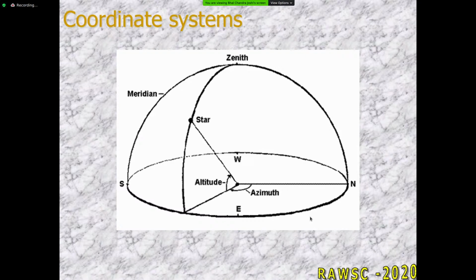And you don't directly use this system. So then how do you take care of this? With RA and Dec coordinates. Okay, so what is the difference in RA and Dec versus this? Why are RA and Dec not time and location dependent?